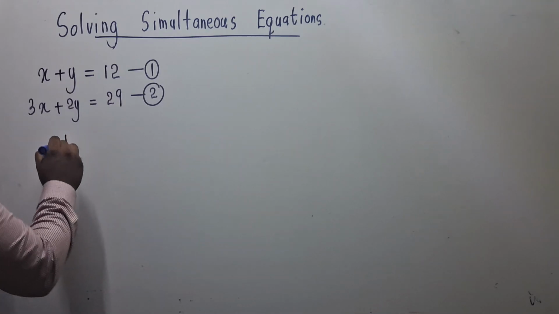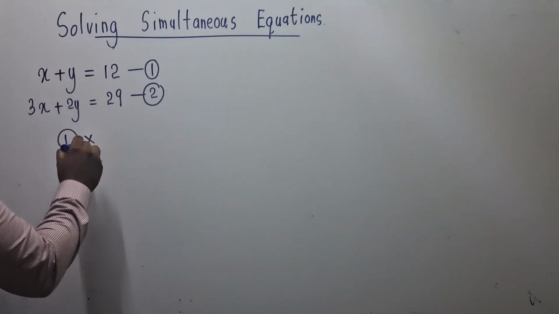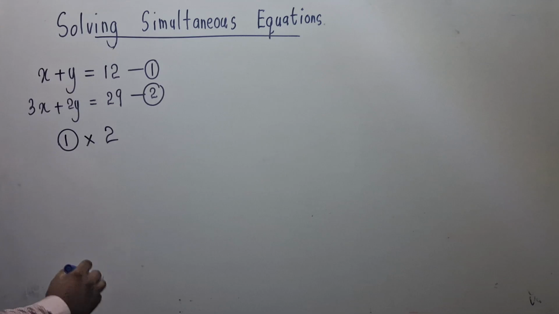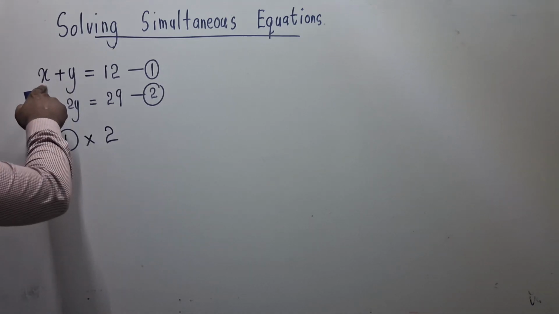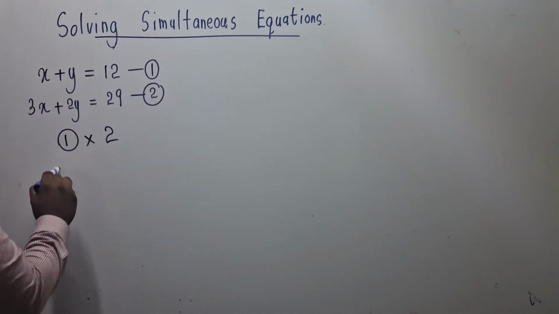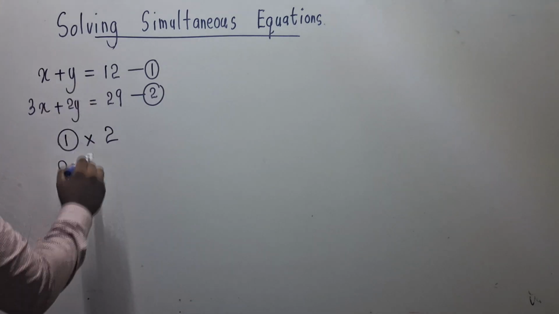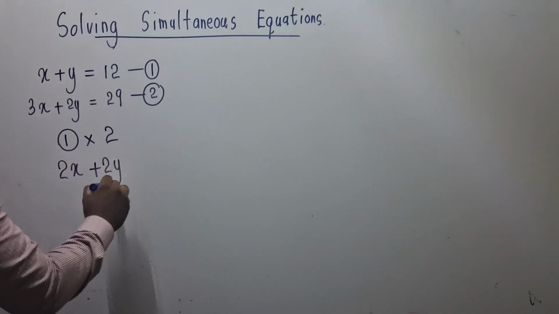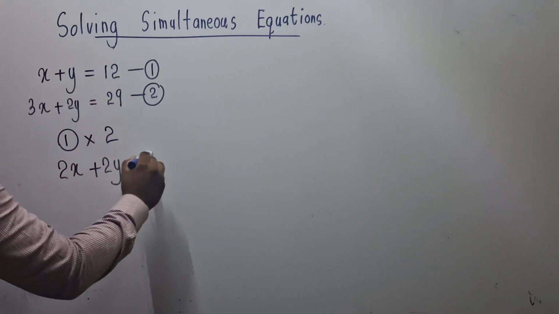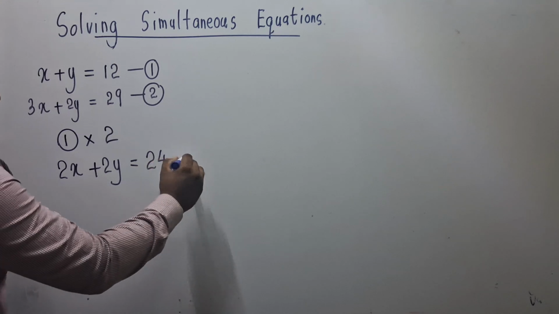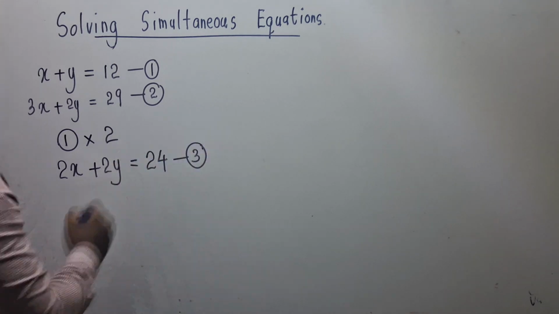So I am multiplying the first equation by 2. First equation's first value x times 2 is 2x, y times 2 is 2y, equals 12 times 2, 24. I am naming it equation number 3.